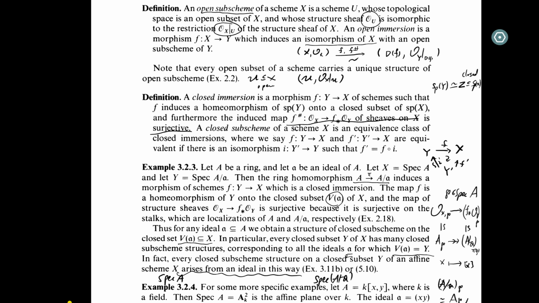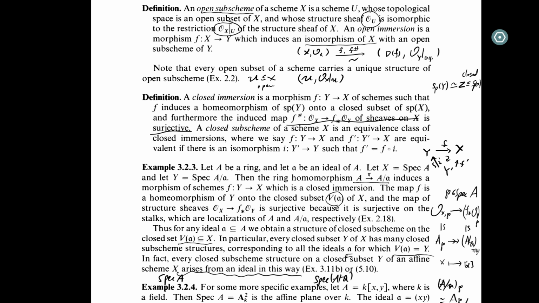An open immersion is a morphism which induces an isomorphism of X with an open subscheme Y. The topological space is an isomorphism and the structure sheaf there is an isomorphism. It is a morphism of sheaves with an open subscheme of the variety, which means its topological space is an open subset and its structure sheaf is isomorphic to the structure sheaf of X restricted on this open.